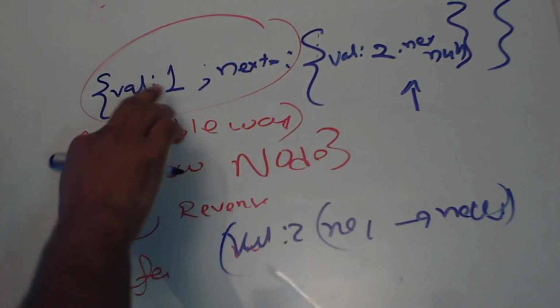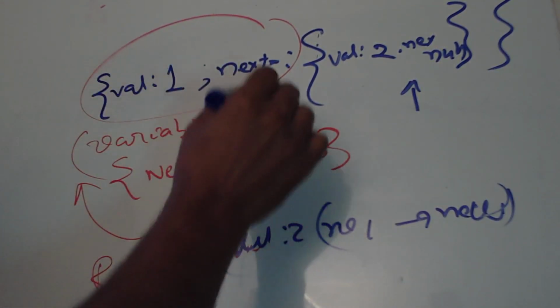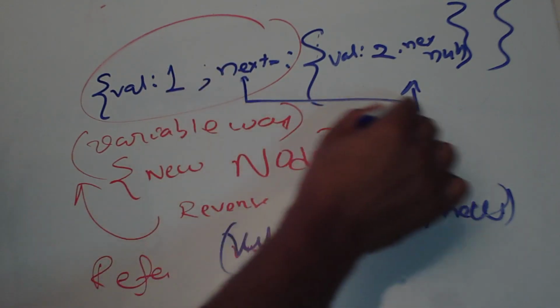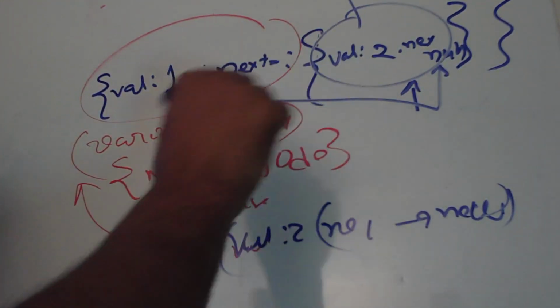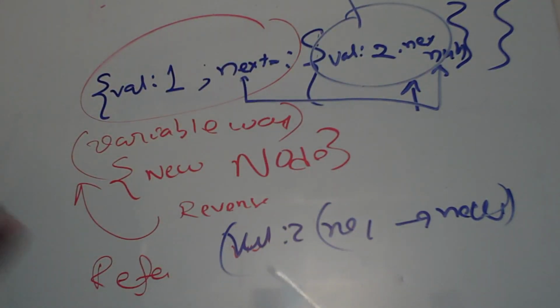So basically we can do that by changing references, for example by changing this next reference to the tail reference. And we're going to save it somewhere, and then as we go ahead, we just keep changing the references.